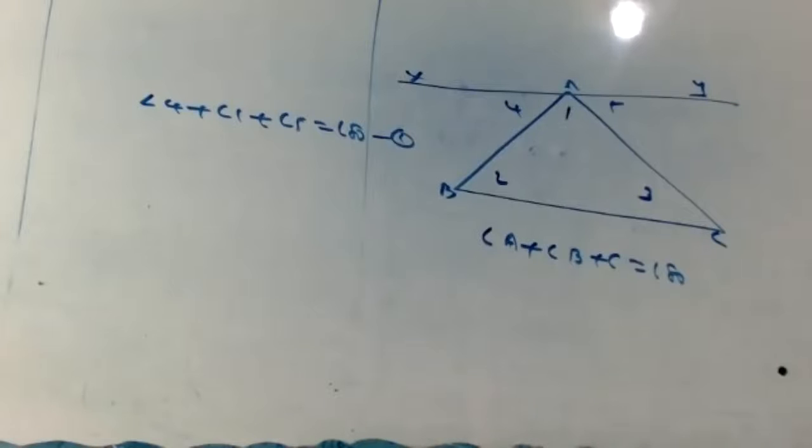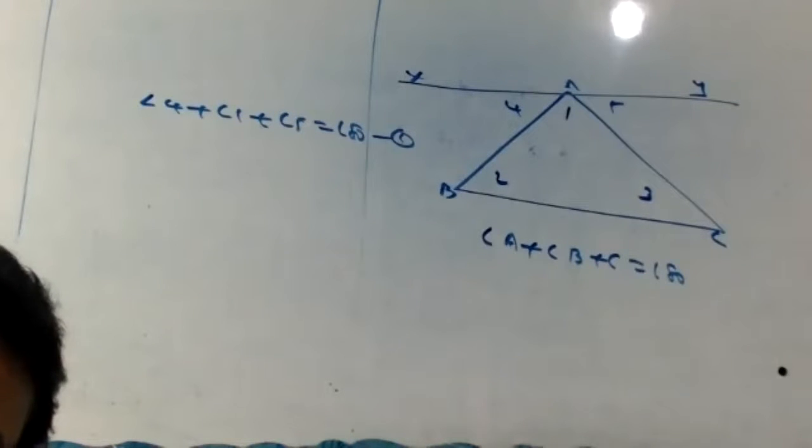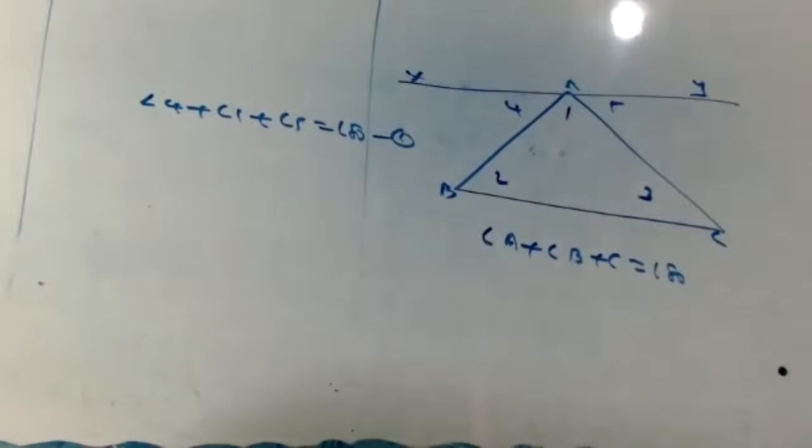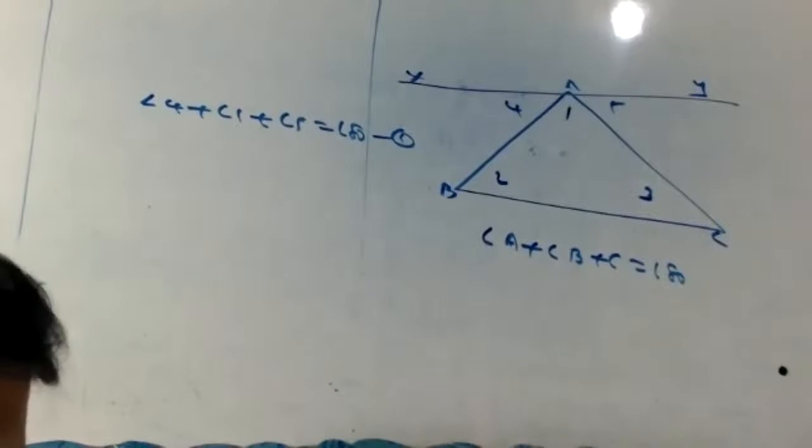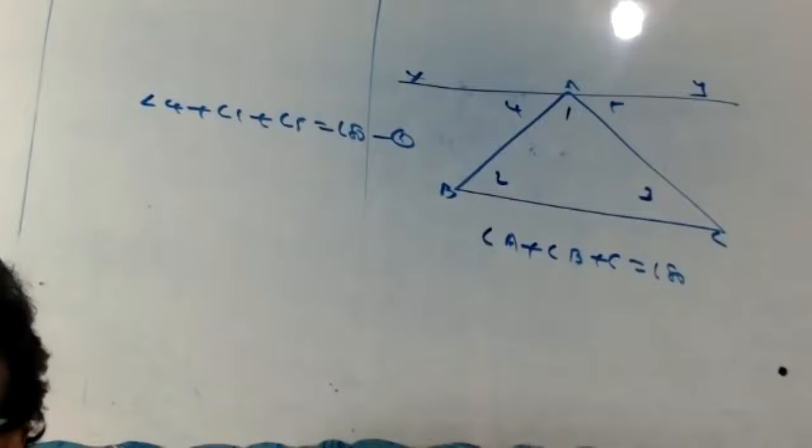Starting now, right? XAY is a straight line. You mark the angles 4, 1, 5 here, okay? Otherwise, wrong. XAY is a straight line. Therefore, angle 4 plus angle 1 plus angle 5 is equal to 180 degrees. Call it number 1.